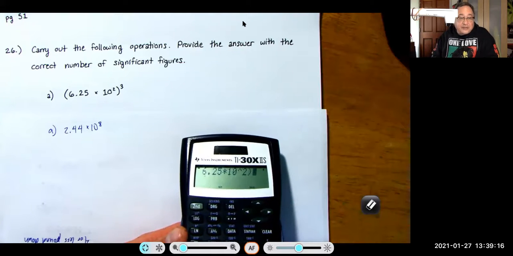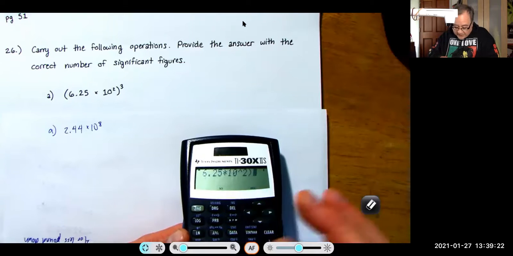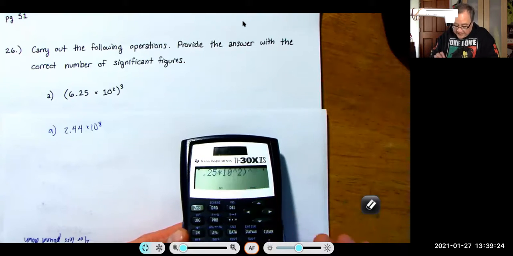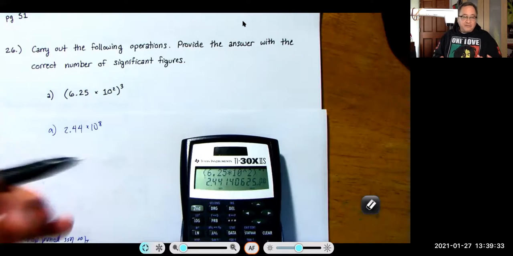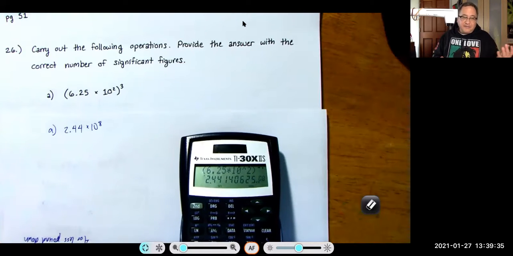So there's the 6.25 times 10 squared. And then I want to raise this to the 3rd power. So I got to do this, that 3, and that raises it to the 3rd power. So there's the 2.44 times 10 to the 8th. That takes more effort, in my mind, than the other way.